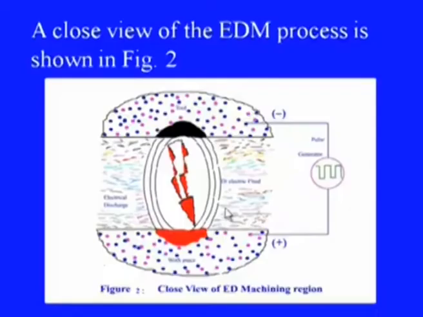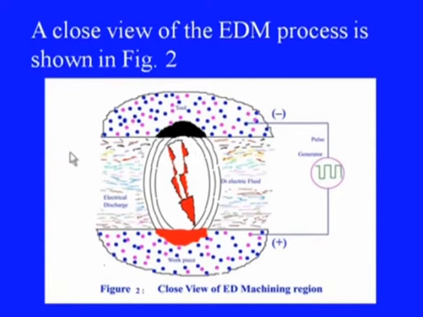So, therefore, a small or very thin layer will be deposited on this surface because of this molten material getting deposited on this, and since the dielectric will be continuously flowing and this electrical voltage will be applied in some sort of pulses, not continuously. Therefore, momentarily this sparking will stop, which is called the pulse off time.